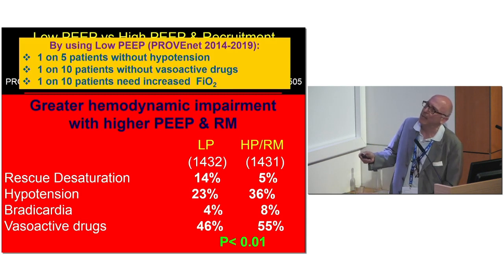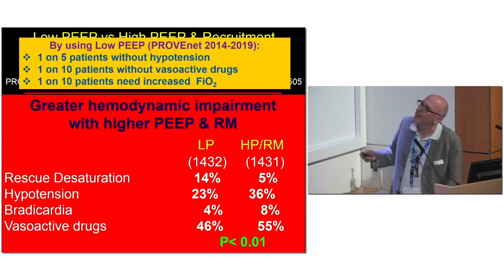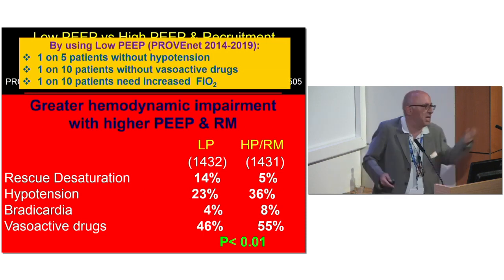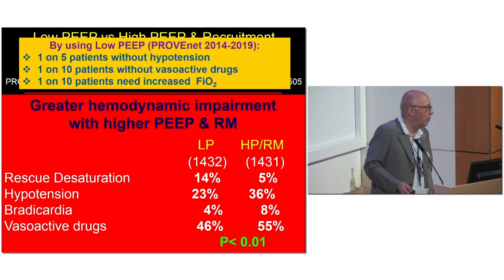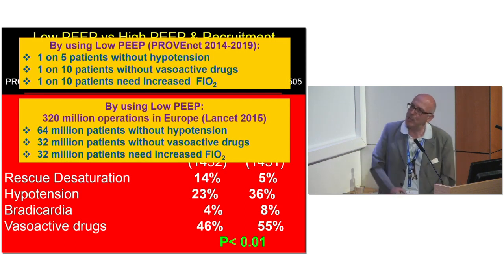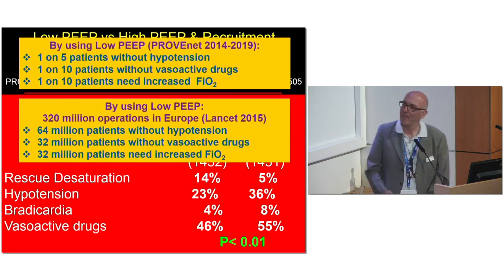So by using this, without any transpulmonary pressure, just by using logic, 1 out of 5 patients with hypotension, 1 in 10 without vasoactive drugs, 1 in 10 needed a little increase of 10% FiO2. So on 320 million operations in Europe, we can save almost 100 million patients from vasoactive drugs and hypotension by using our technique.